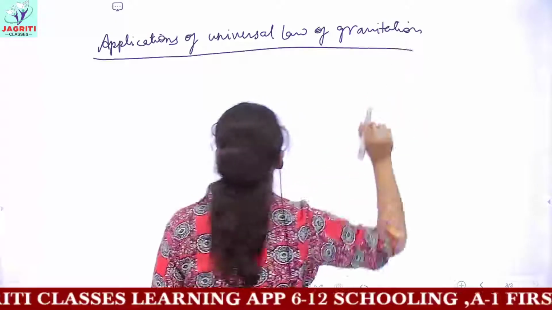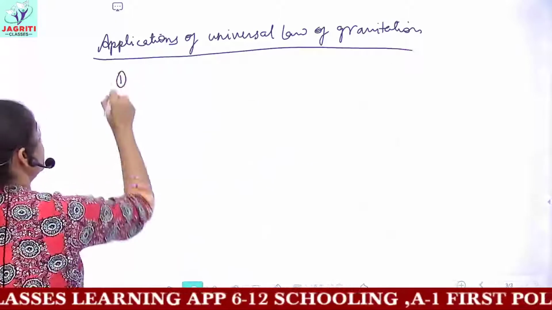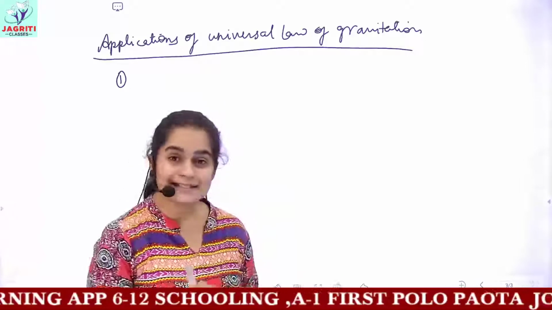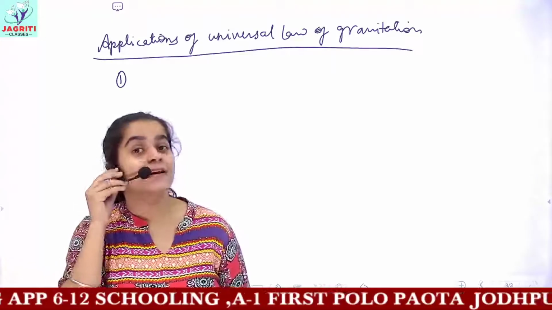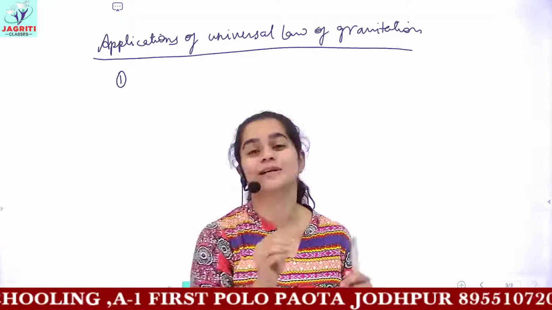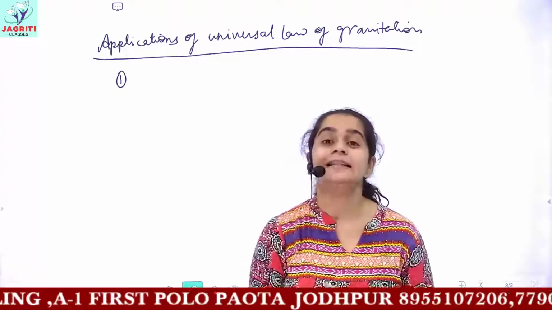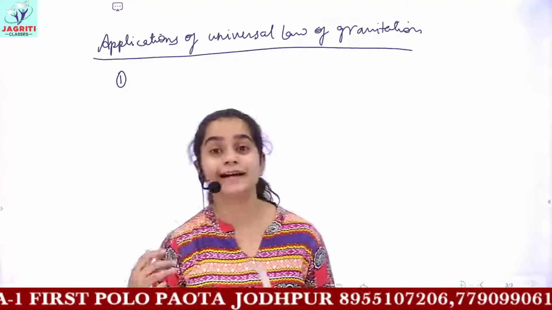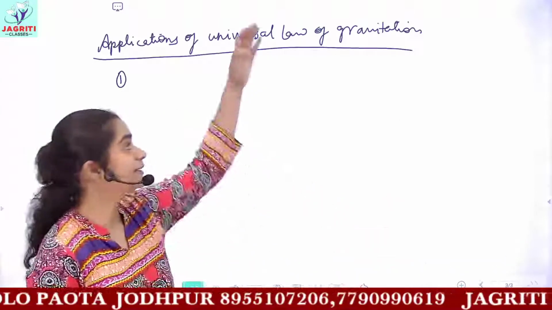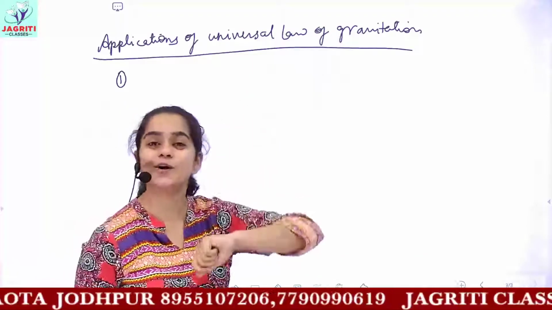So the first application, or the first use: after the universal law of gravitation was discovered by Newton, it solved many of the doubts and problems which were still left unanswered. That is, the concepts which were not answered got a solution after the discovery of this law.